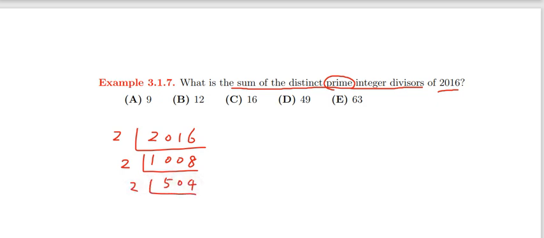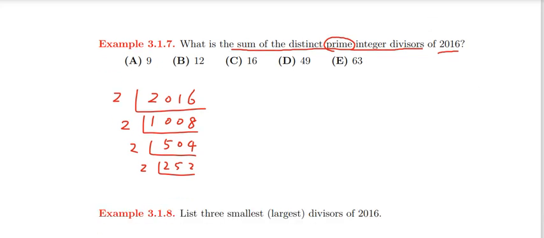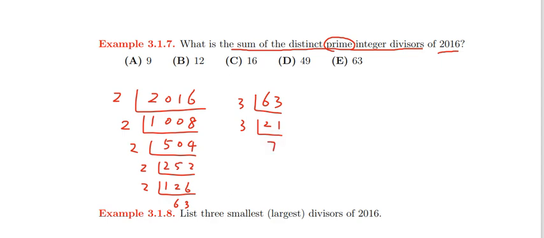Even, okay, still even, okay, still even. So this is 126, or still even, so 63. Then 63 can be divided by 3, giving 21. 21 can be divided by 3 and 7.